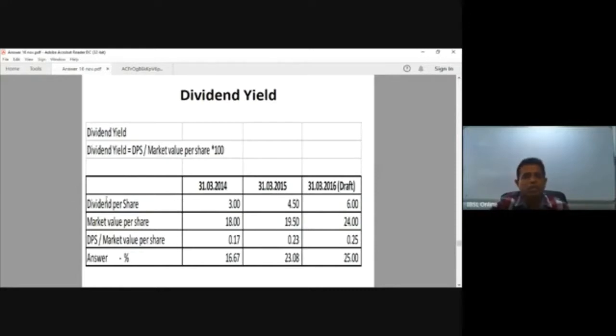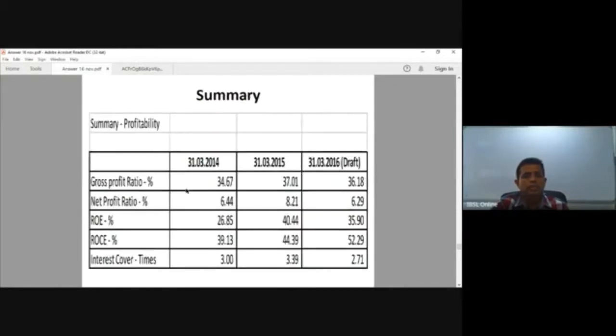Right. Now, I suppose we have calculated all the ratios requested by the examiner. Now, these are the summaries. If you go to profitability, the gross profit ratio is almost 34, 35, 36, 37%. The net profit ratio, we have a concern.